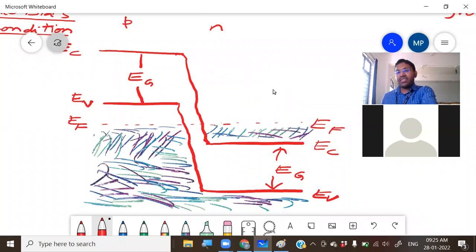If the energy level is not constant, for example, if you have water at a constant level, then there is no flow. Suppose at one level the water is higher compared to the other level, then the water flows from the high level to the low level. Same logic.